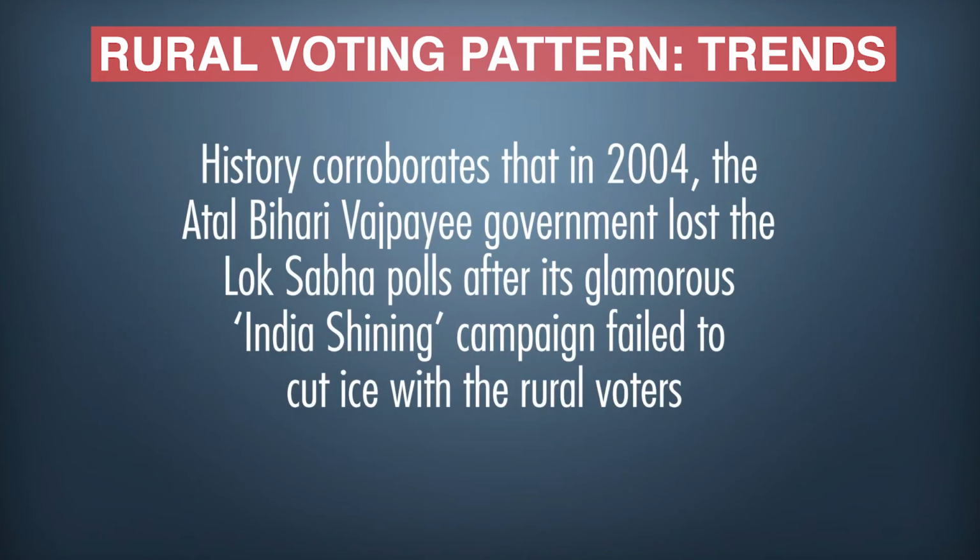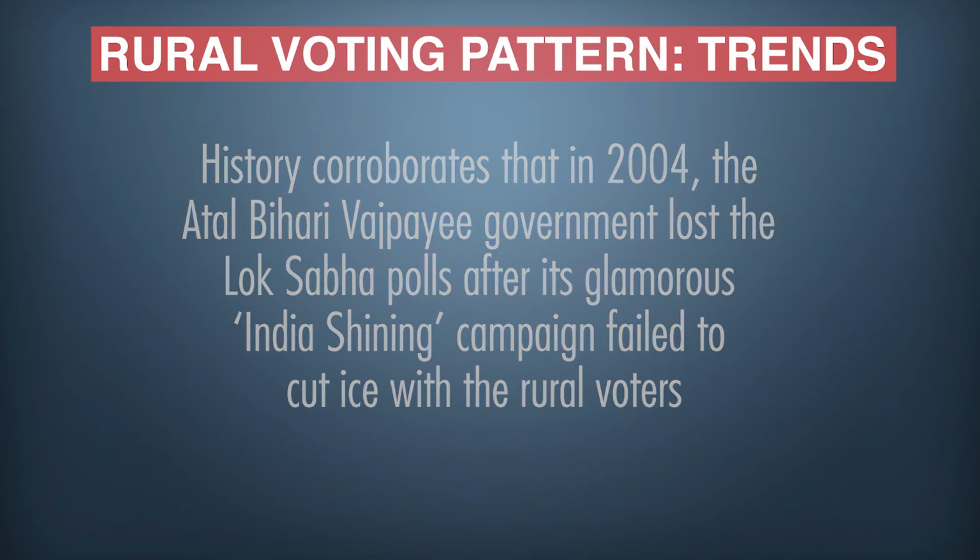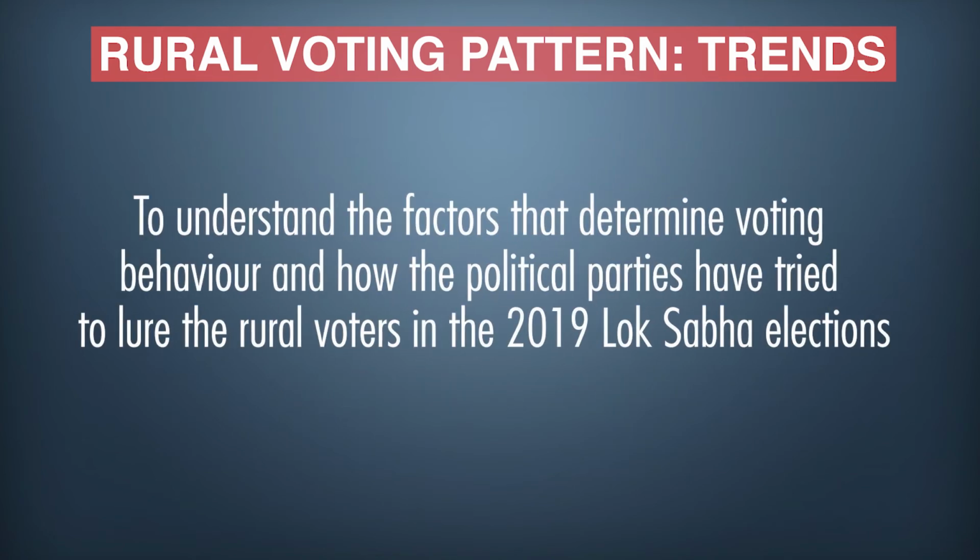History corroborates that in 2004, the Atal Bihari Vajpayee government lost the Lok Sabha polls after their glamorous India Shining program, which failed to cut ice with the rural voters. Therefore, the factors that determine voting behavior in rural areas are an important indicator of how rural voters vote.